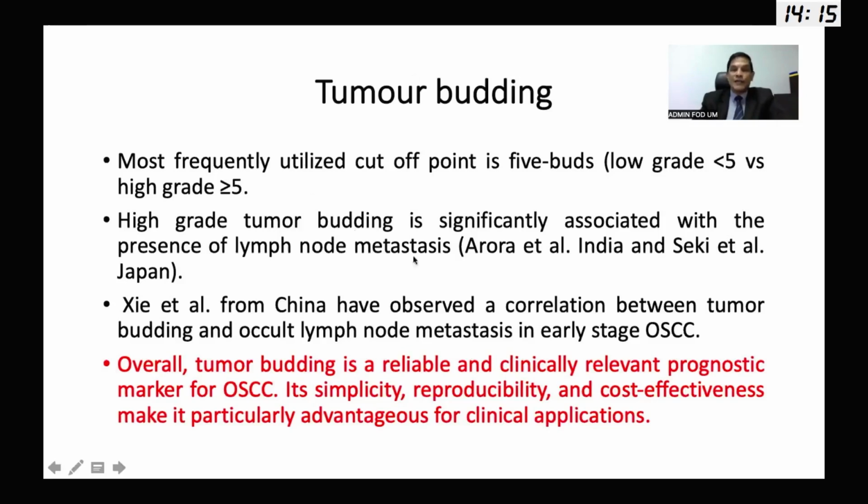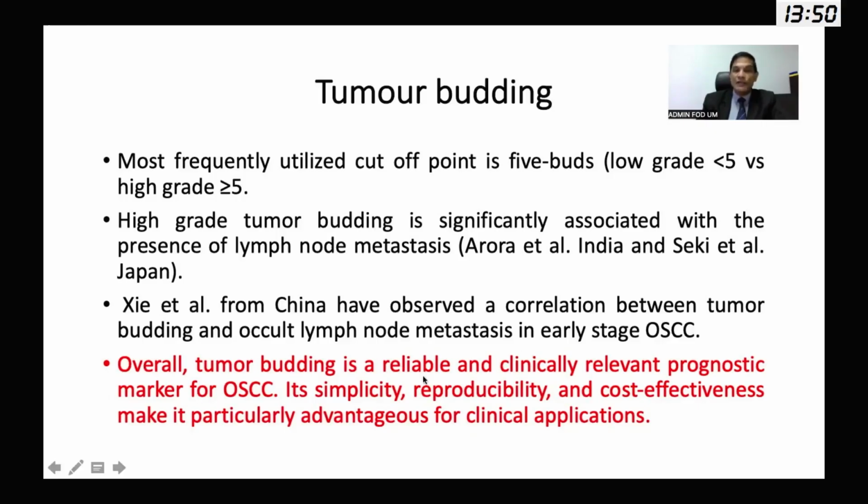High grade tumor budding is significantly associated with lymph node metastasis according to a lot of studies coming from India, Japan, etc. And even in early stage squamous cell carcinomas, there is a relationship between tumor budding and occult lymph node metastasis. So therefore, the presence of tumor budding can be used to predict occult metastasis, leading to elective neck dissection.